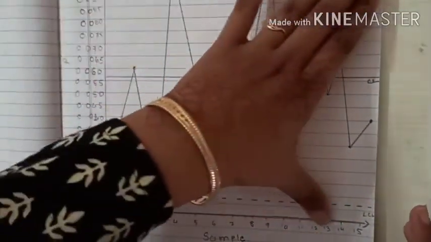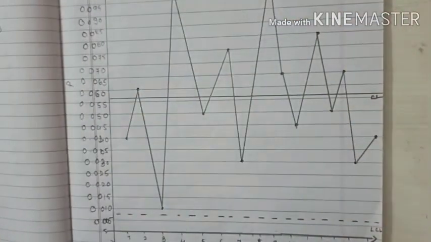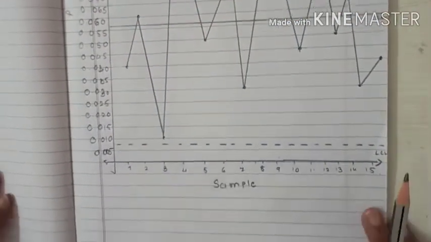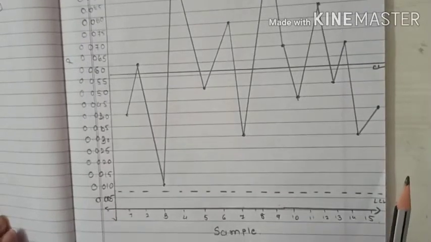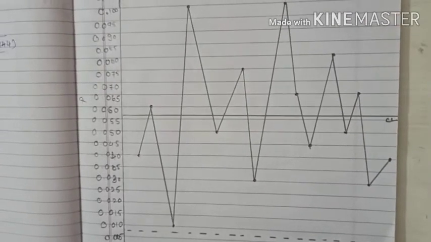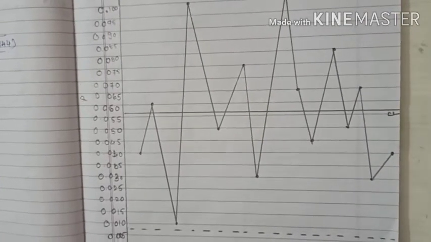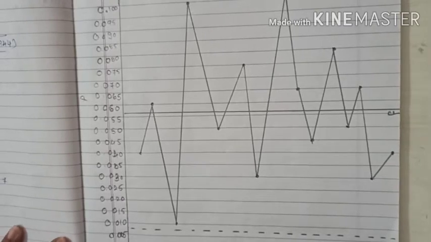All the points are within the control limits, right? This is known as, this process is under control. See how beautiful the chart is? Looks like a heartbeat.